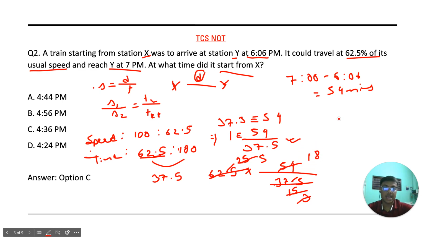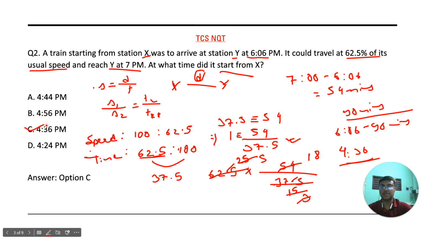So the actual time required to reach station Y from X is 90 minutes. Thus, we can calculate the starting point now by subtracting 90 minutes from 6, which comes out to be 4:36. So our answer is 4:36 p.m., which is option C.